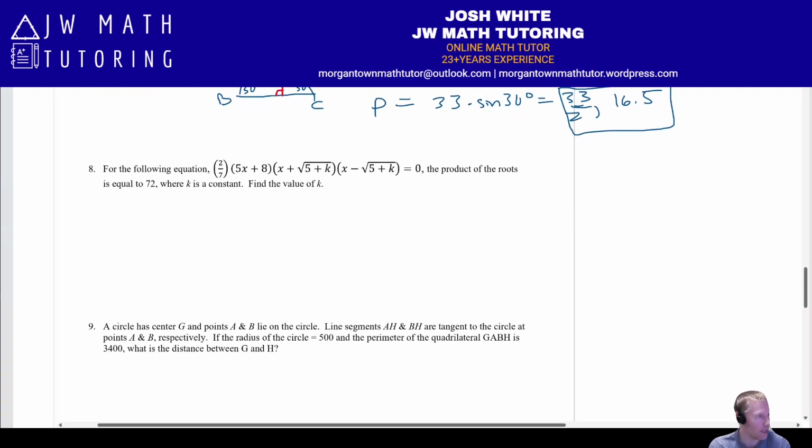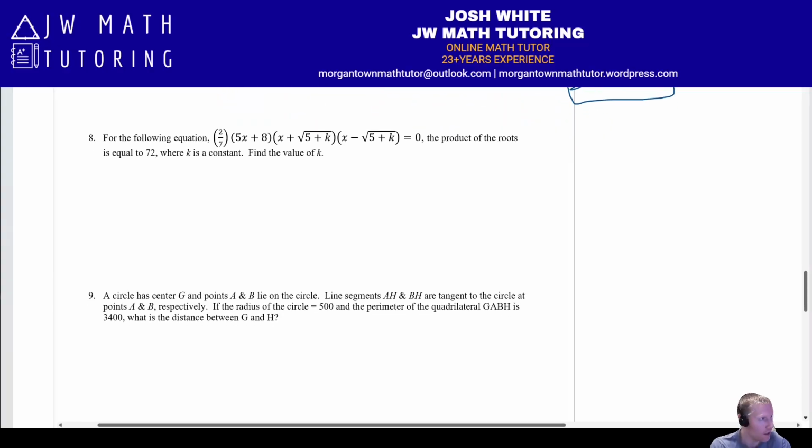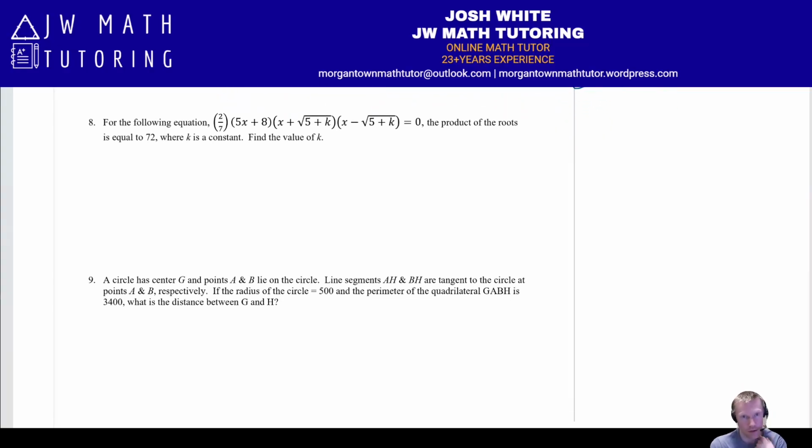All right, next let's look at another repeat question here dealing with the product of the roots for a polynomial equation. First I'll show you how to do this by hand, then I will show you how to do this using Desmos entirely.